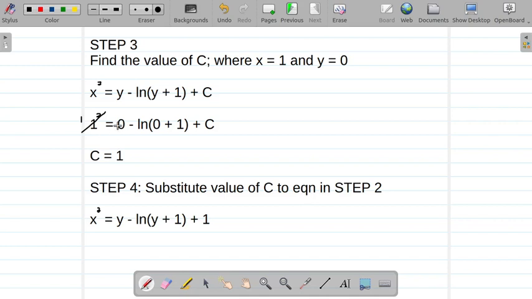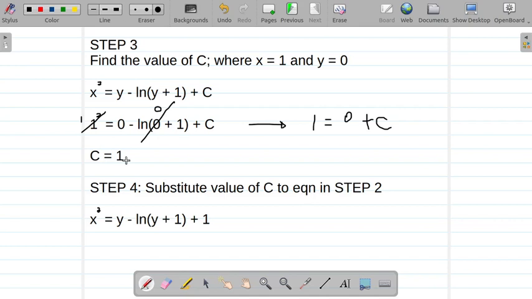Then 0 minus ln of 0 plus 1, ln of 1 is just equal to 0. So, our equation becomes 1 is equal to 0 minus 0 is 0 plus c. So, the value of c in this equation is 1.